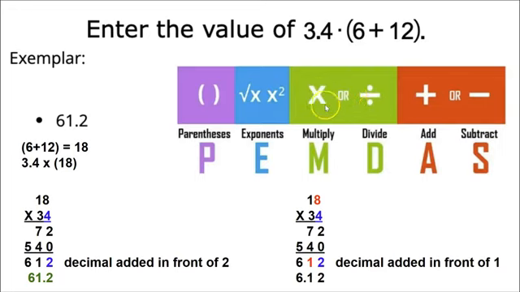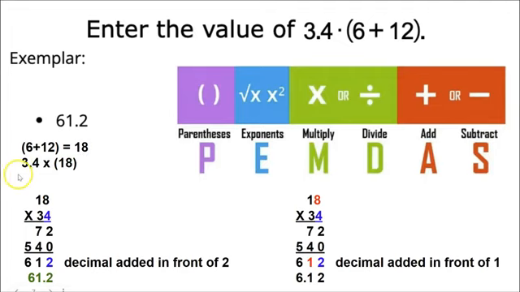M and D have the same priority, and that's multiplication and division. And then addition and subtraction has the same priority, okay? And so now that we look at this equation, we know we're supposed to do the parentheses first. And so you have 6 plus 12, which is equal to 18.